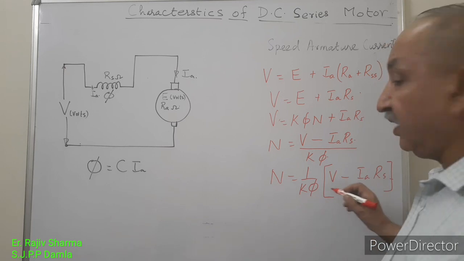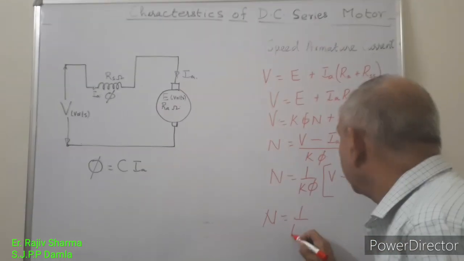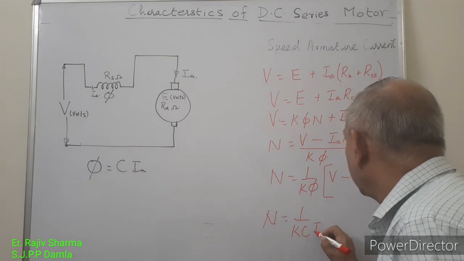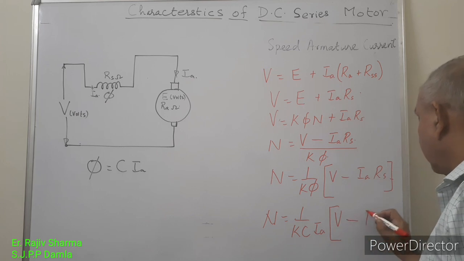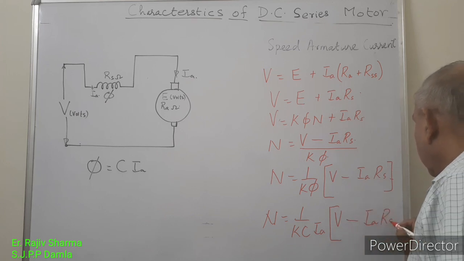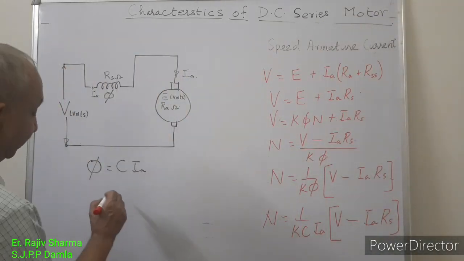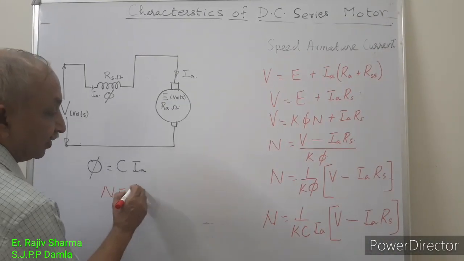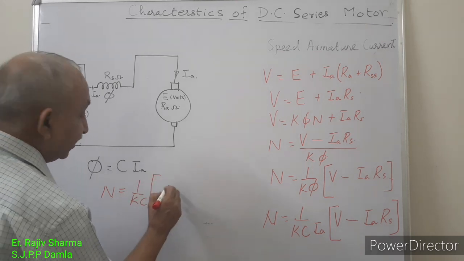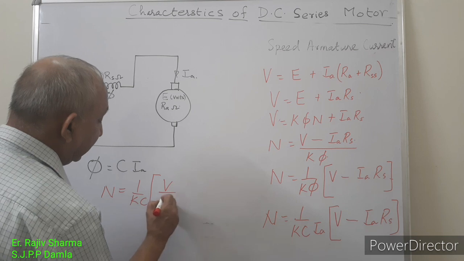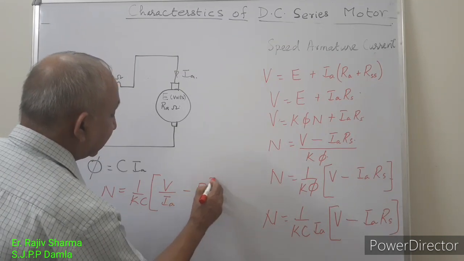Now phi is equal to C times Ia, or N is equal to 1 upon Kc into V upon Ia minus Rs.